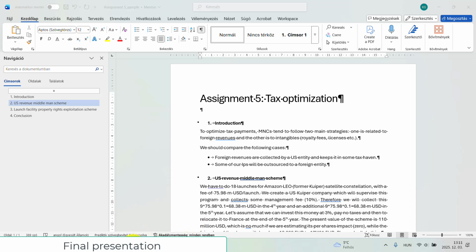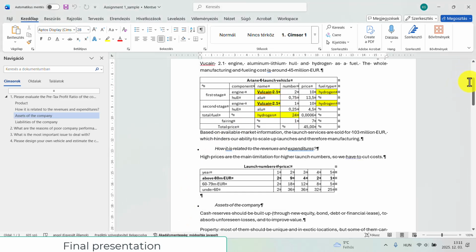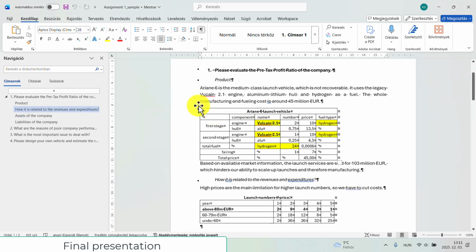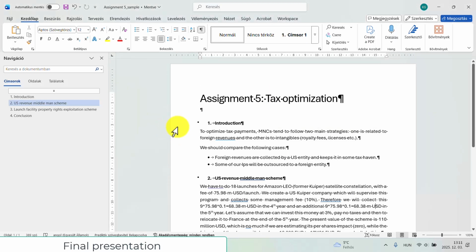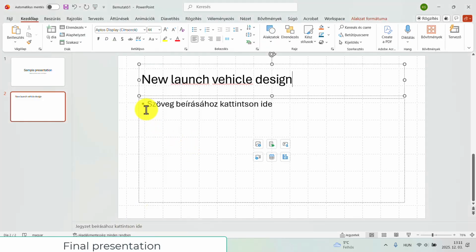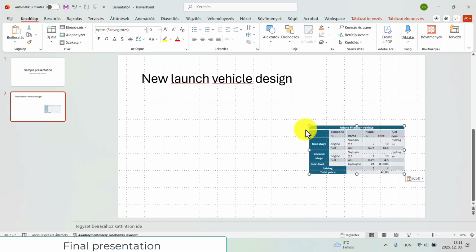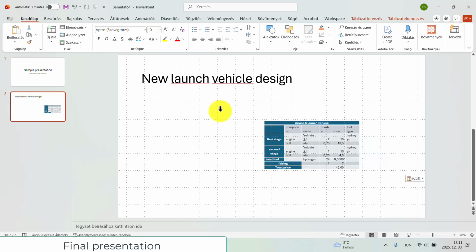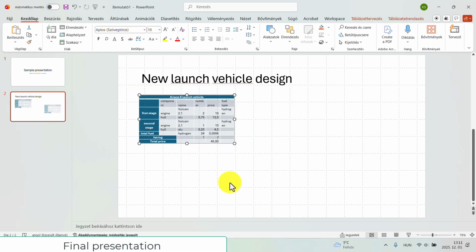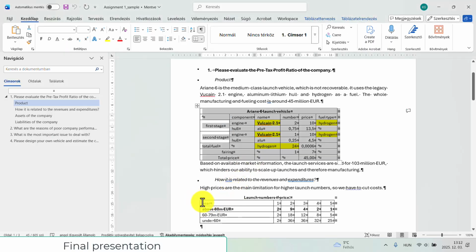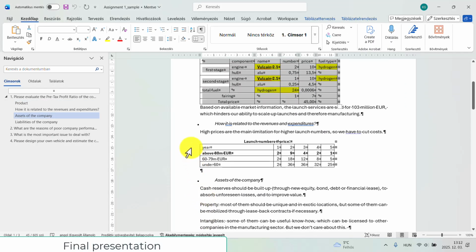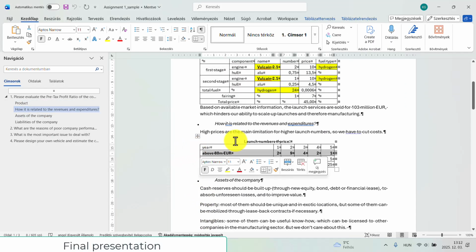And in this case, what we need here is, how does it look like? Launch numbers.